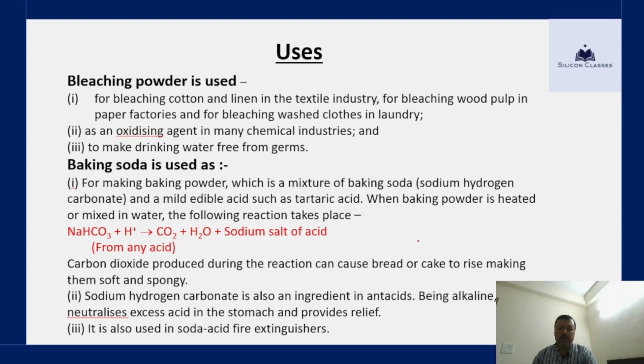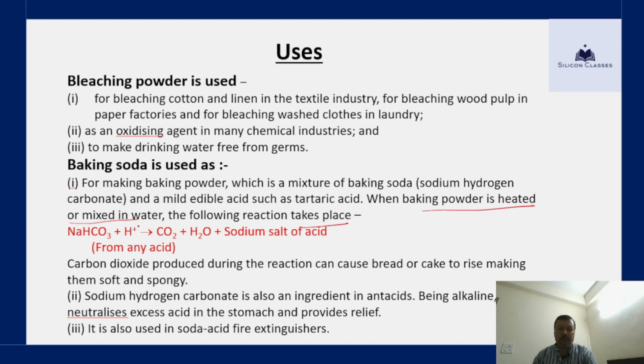Baking soda is used for making baking powder, which is a mixture of baking soda, that is sodium hydrogen carbonate, and a mild edible acid such as tartaric acid. When baking powder is heated or mixed in water, the following reaction takes place.